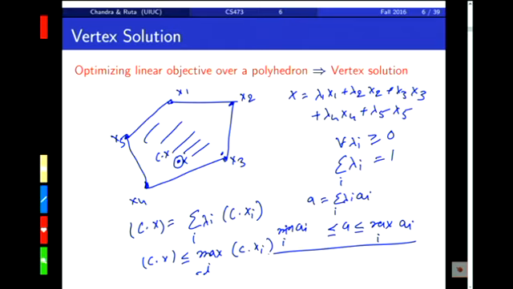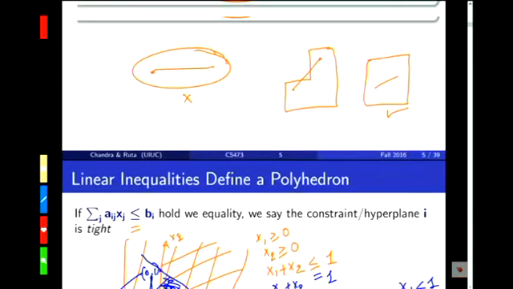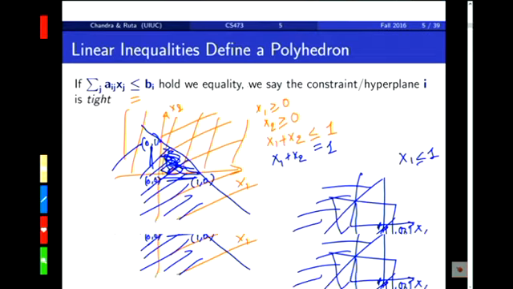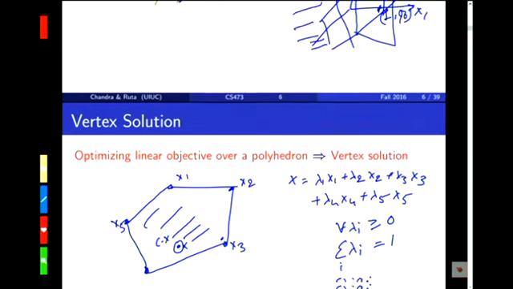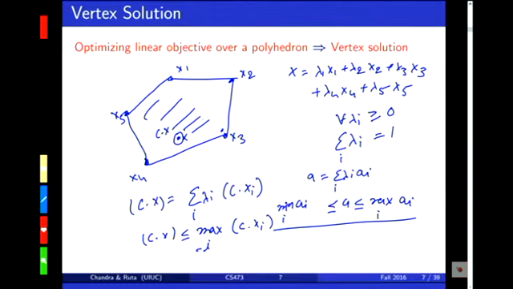The cost vector we had in the linear program. So we are trying to maximize a linear function over a polyhedron. And I'm trying to argue that it cannot be possible that there is no vertex solution of this. There has to be a vertex which is the optimal solution of this program. Because if there is an interior point which is a solution, then that interior point can be written as a convex combination of all the vertices.